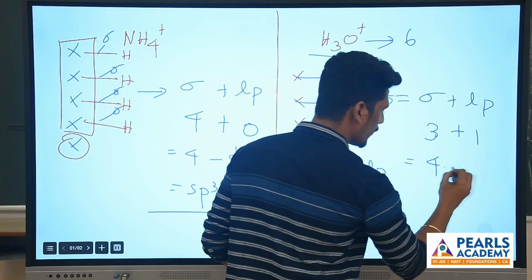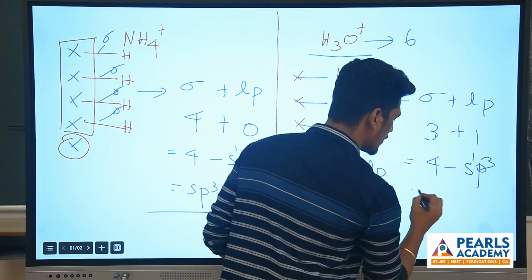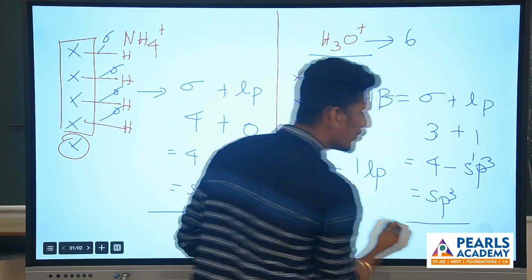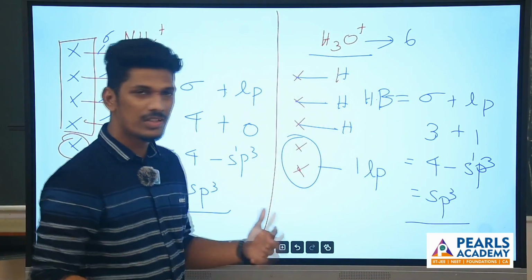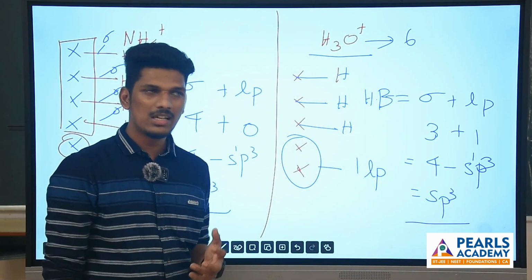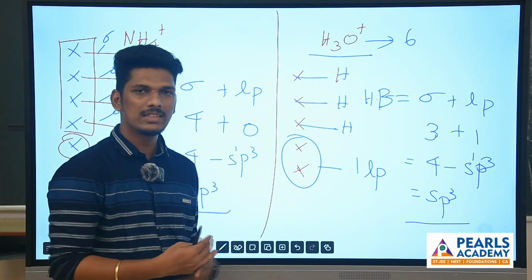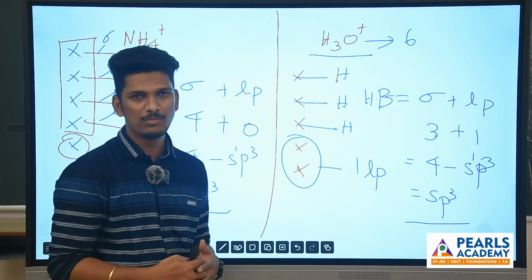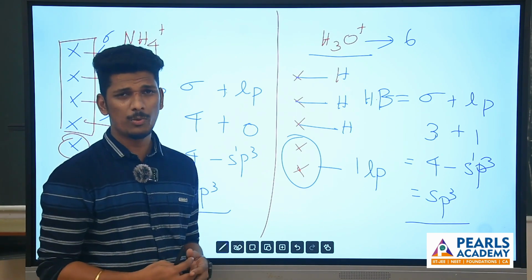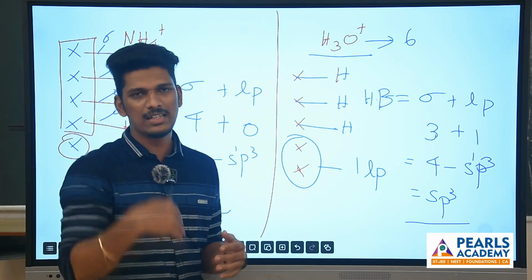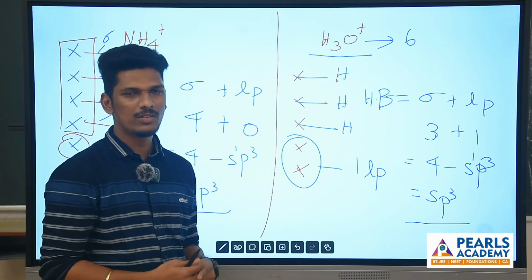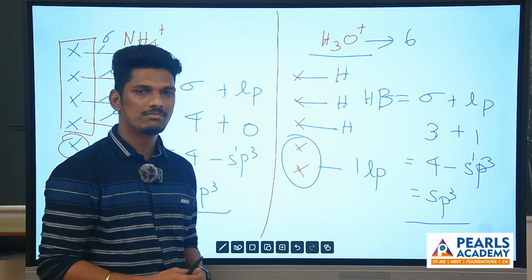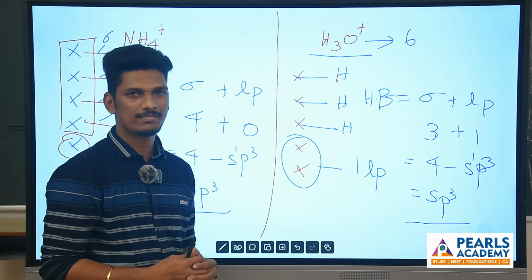In total it is 4. 4 means S1 P3, which is nothing but sp3. This is how you have to calculate for the ionic compounds. It's a very easy and efficient method. Once you practice this with 20-30 compounds, you can easily calculate it in your mind itself. So try this method to find the hybridization.